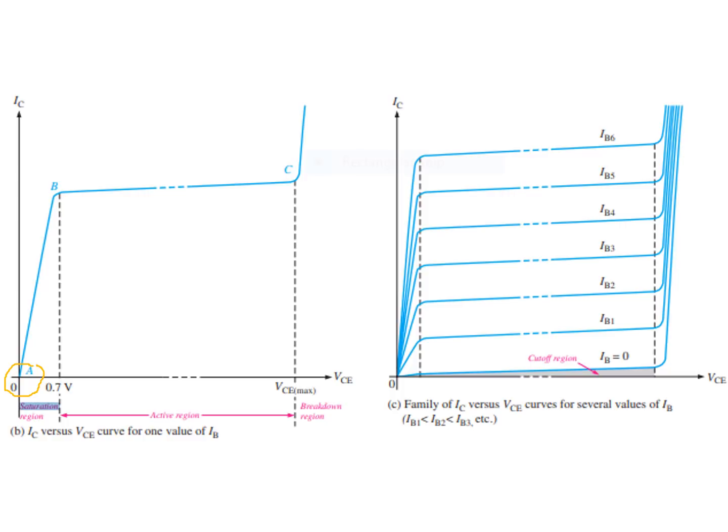So any increase of IB, the value of IC is still the same. That's the meaning of being independent of the IB current.